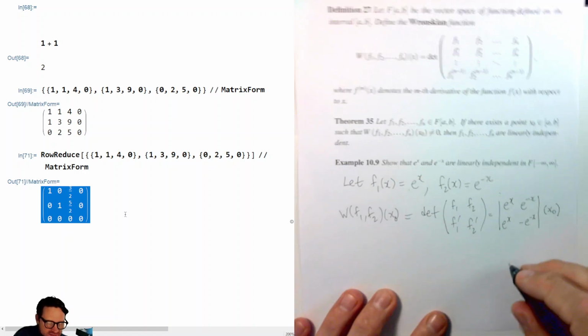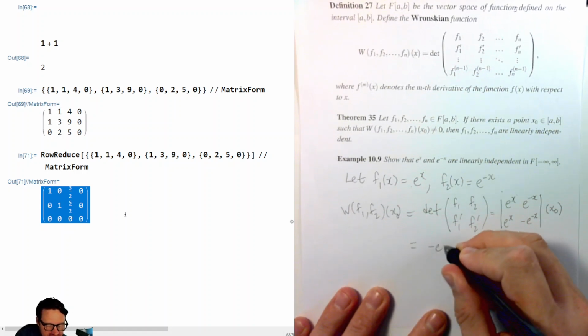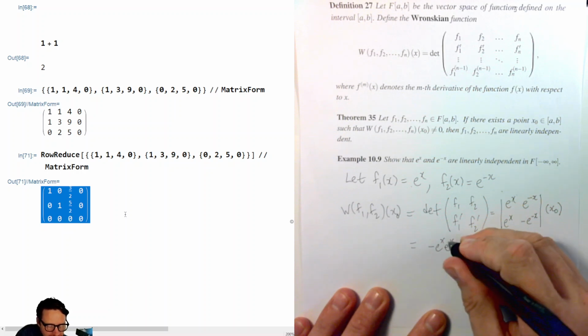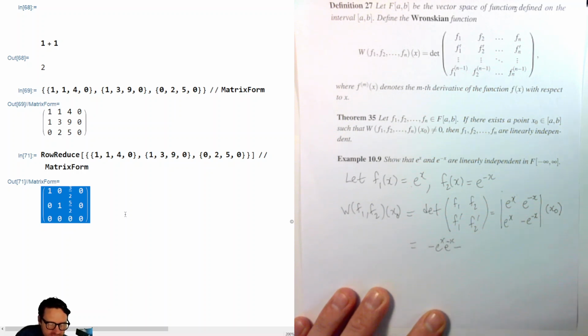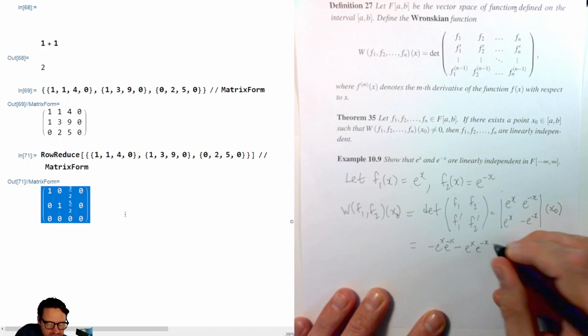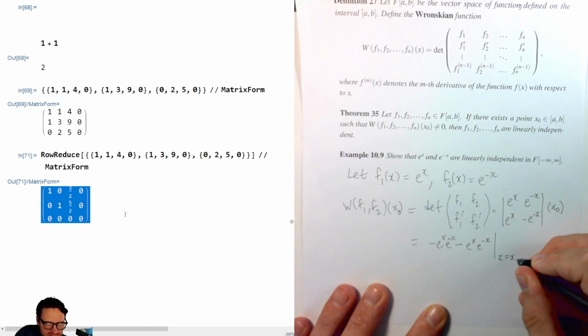Let's take the determinant of this. So we have minus e to the x times e to the minus x, and then subtract the product of these two, evaluated at x equal to x0.